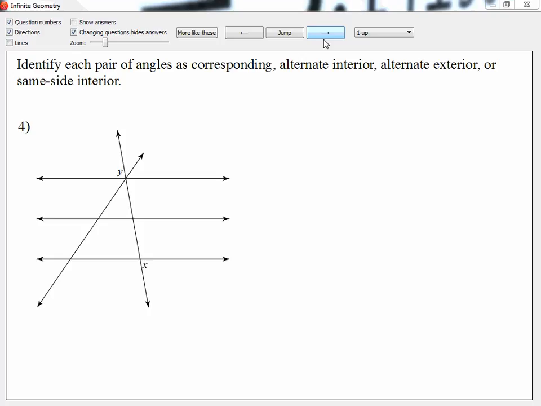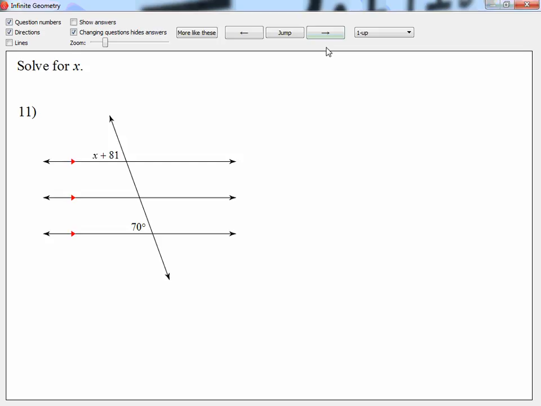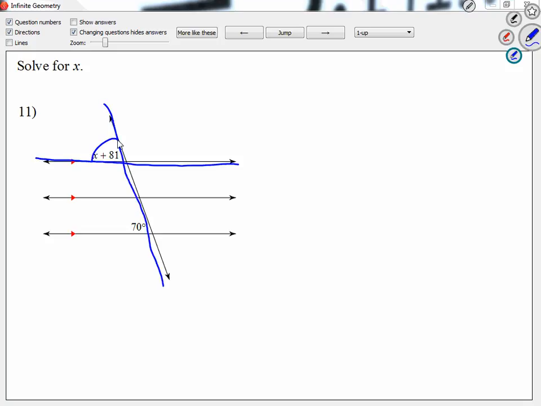No? Looking at question number 11. Solve for X. Once again, let me highlight what I need. For X plus 81, I'm going to need these two lines. For 70, I'm going to include this other one. I can tell that the angles we have are corresponding. Because they're corresponding, I'm going to let them equal each other.